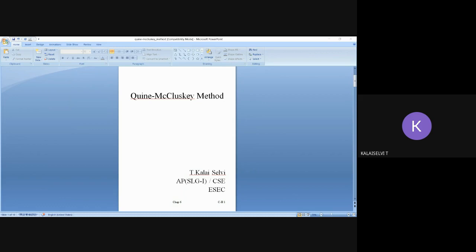Selection of prime implicants: cross out the row of the selected essential prime implicant.